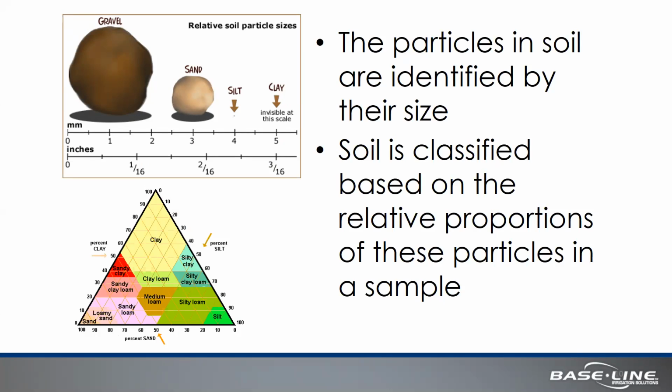And those soil types are identified by their particle size. Gravel obviously is going to be much larger particle size than sand, silt, or clay, but our soils are made up of a mixture of these different particle sizes that identify the soil type, and then these soils are classified on the relative proportions of those particles in a sample.